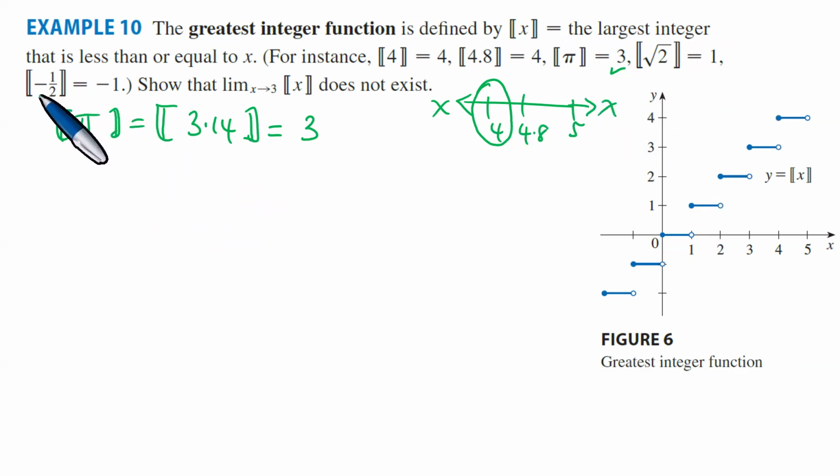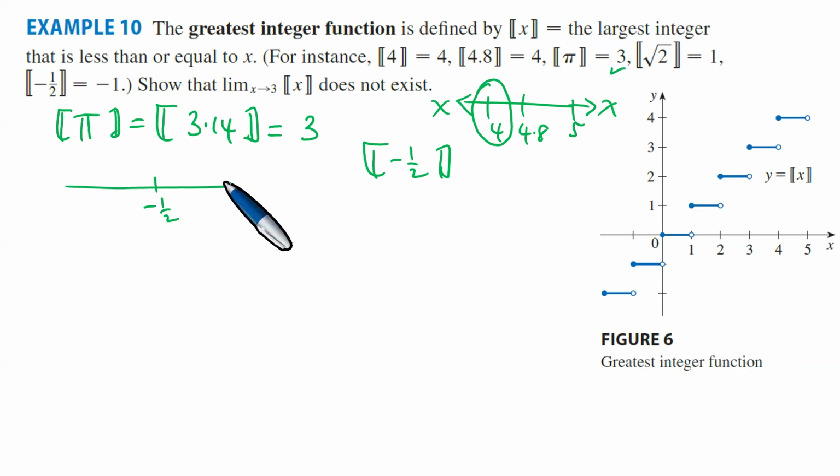Okay, let us look at a negative number, like -1/2. The integer that is less than or equal to -1/2, what is that integer?